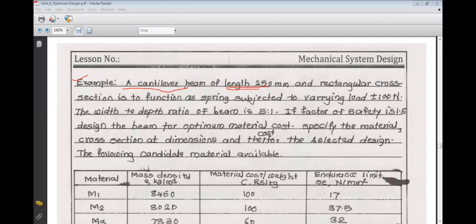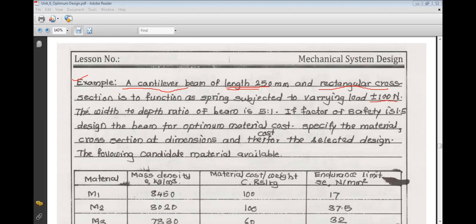This cantilever beam has a rectangular cross section and functions as a spring subjected to a varying load of plus minus 100 Newton, that is maximum load and minimum load.